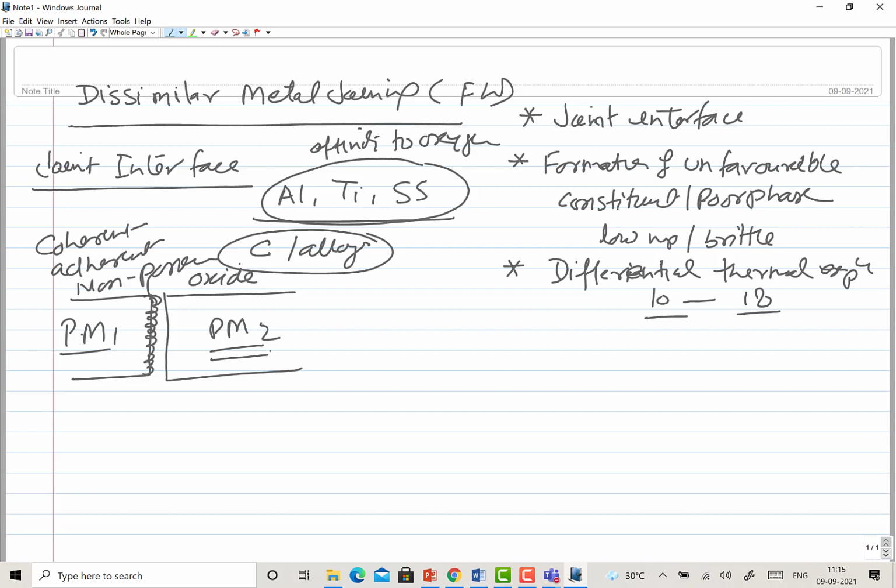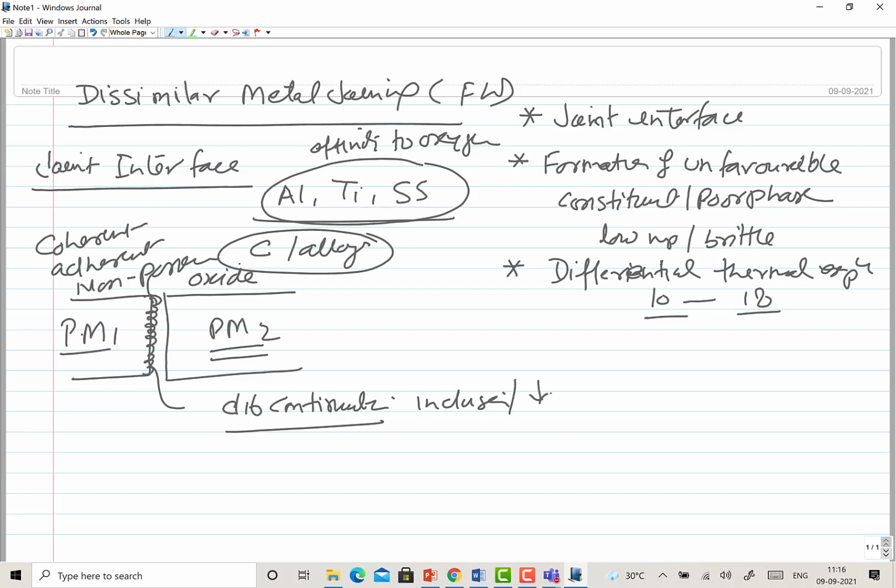If these are not removed properly during the joining, due to differential or limited deformation of one metal as compared to the other, they will be left as discontinuities in the weld joint, as inclusions.